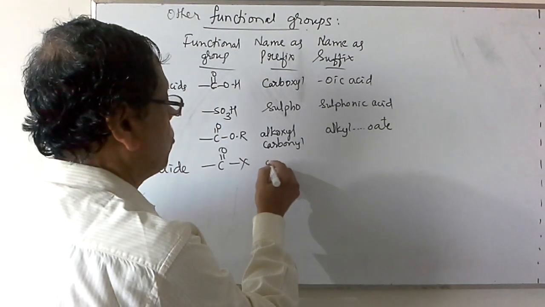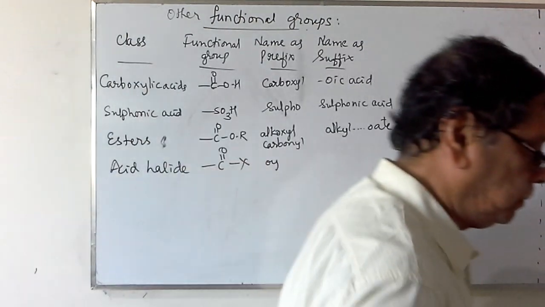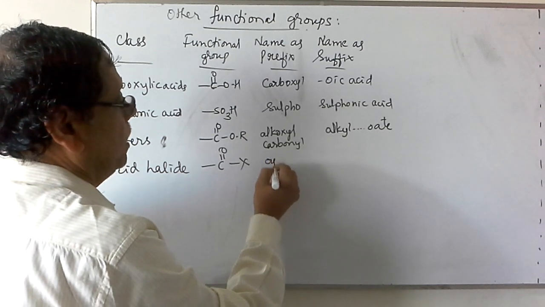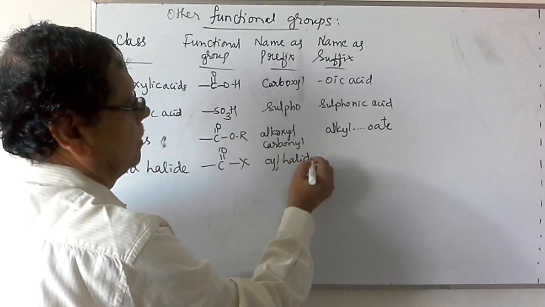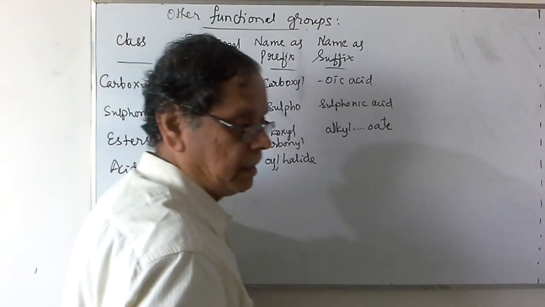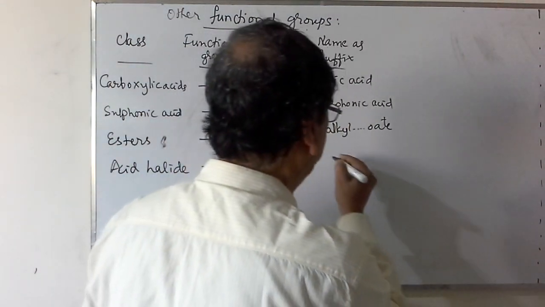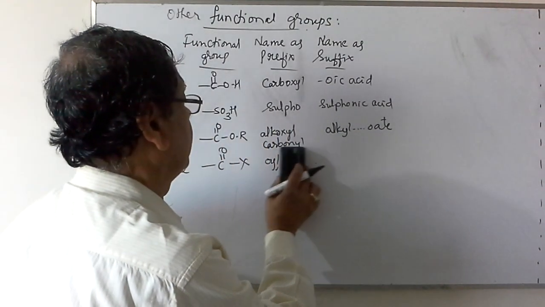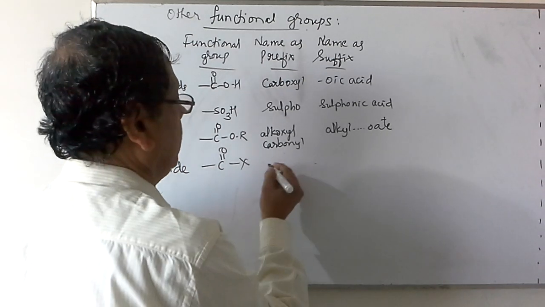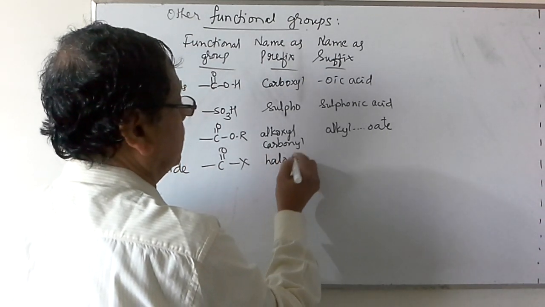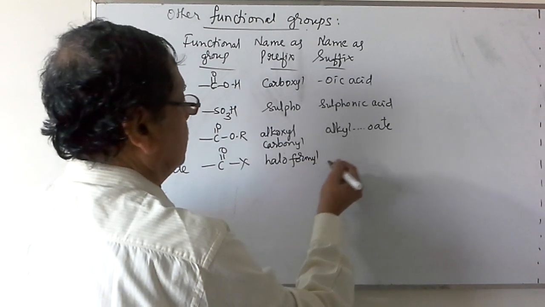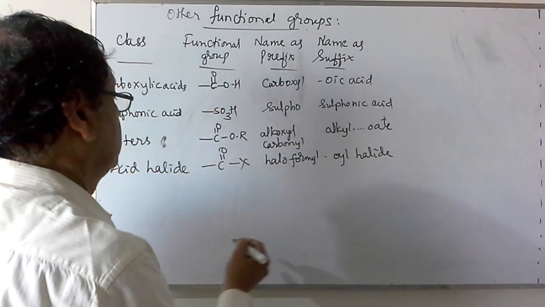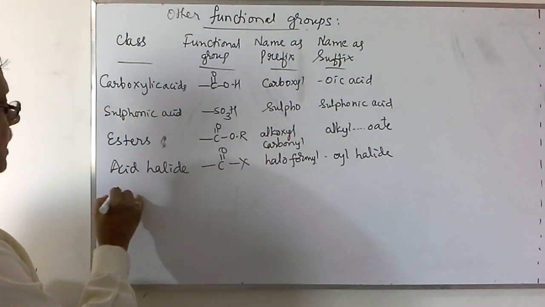This is named as oyl halide as a suffix, and as a prefix it is named as haloformyl. Similarly, we have this acid amide.